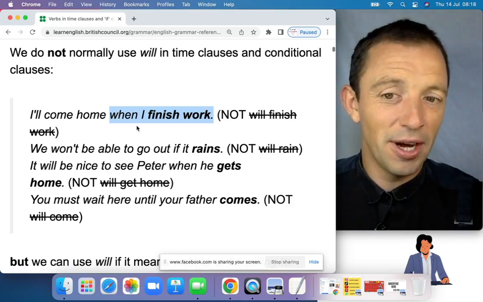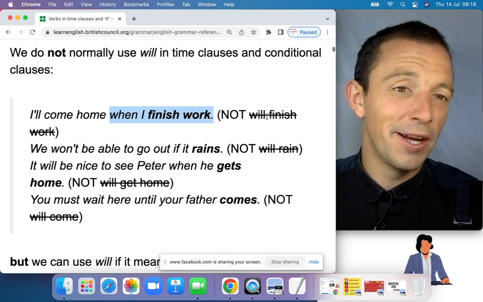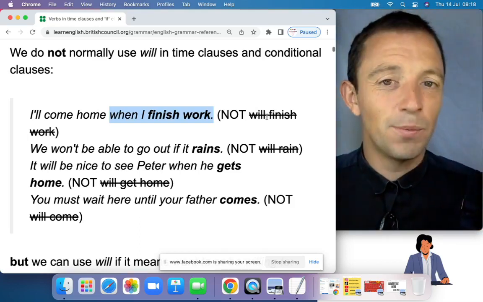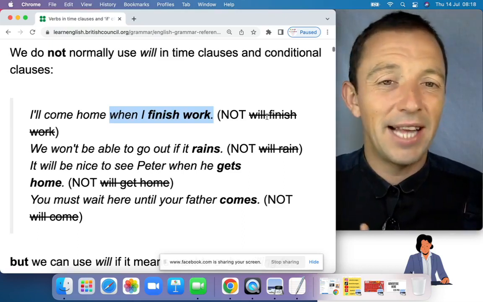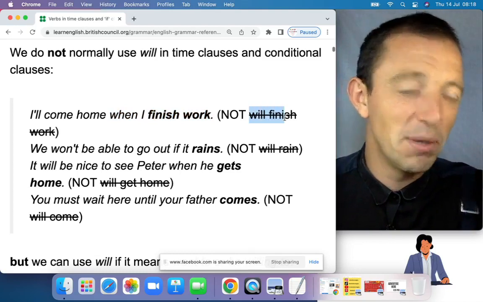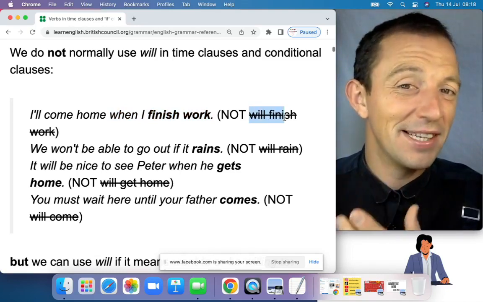So therefore, when I finish work is the present tense and not when I will finish work. But I told you, in reality, on the street, in everyday English, you can hear this and people understand you perfectly. But grammatically, it's better in the present.